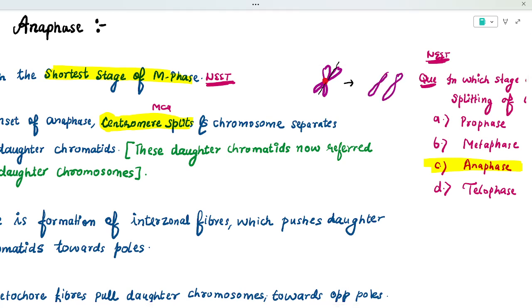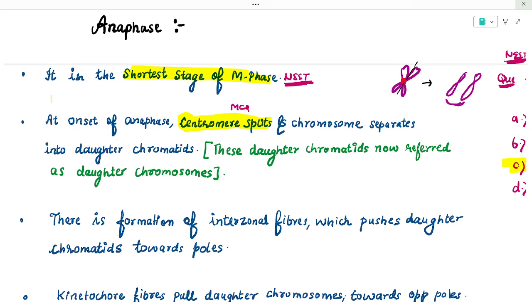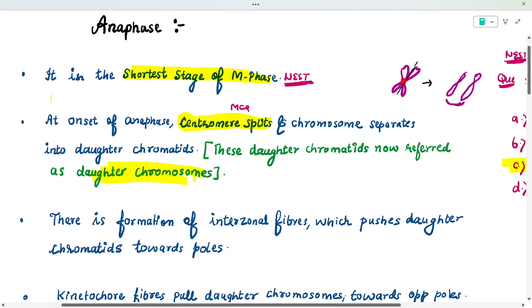The chromosome separates into daughter chromatids. These sister chromatids are now known as daughter chromatids, or we can also refer to them as daughter chromosomes. In NCERT, right? These are now referred to as daughter chromosomes.